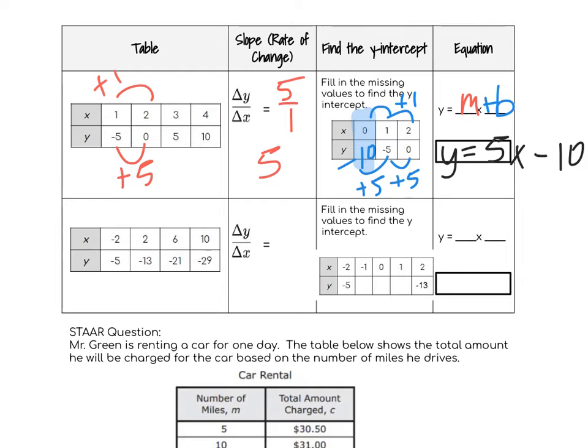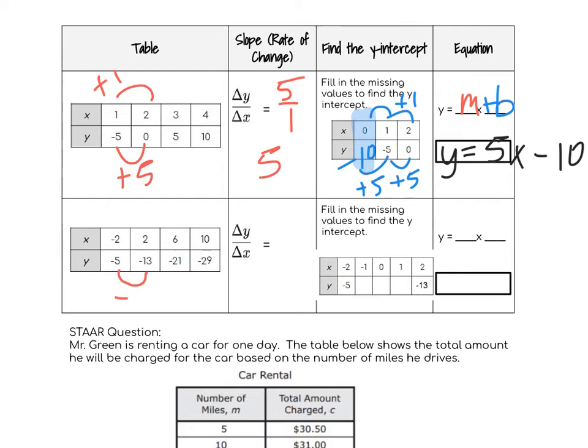Here's another horizontal table. Oh, I don't like this one. It has a lot of negatives. To go from negative 5 to negative 13, that's decreasing, because negative 13 is smaller, so I know it's minus, and 5 and 8 is 13, so I know it's minus 8.